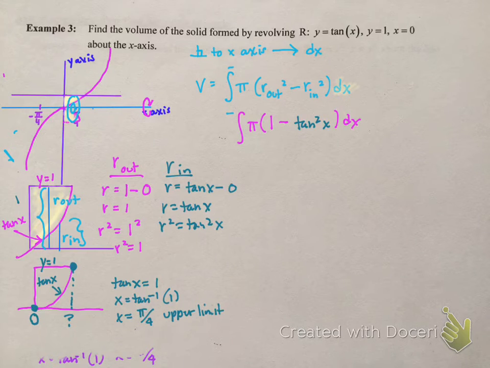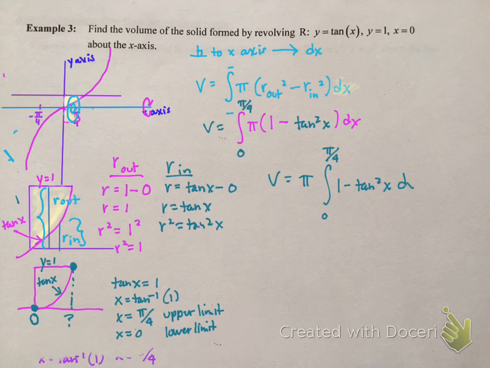And remember we said that the lower limit is 0. Okay, so I'm going to plug those in. So once again, the lower limit is 0, upper limit is pi over 4. So now I have my volume formula. Volume equals, and I'm going to kick out the pi, I'm going from 0 to pi over 4 with my integration. And then I have 1 minus tangent squared x dx.